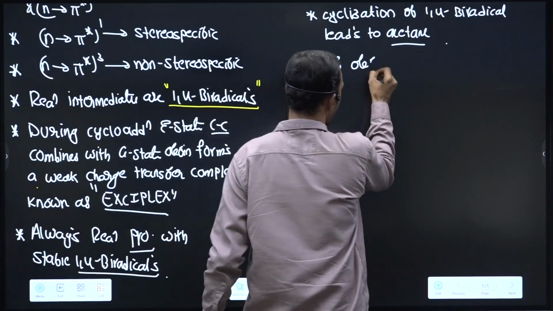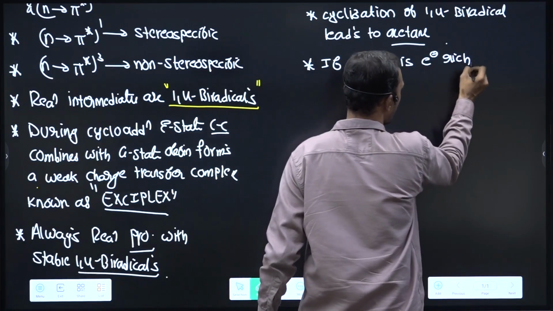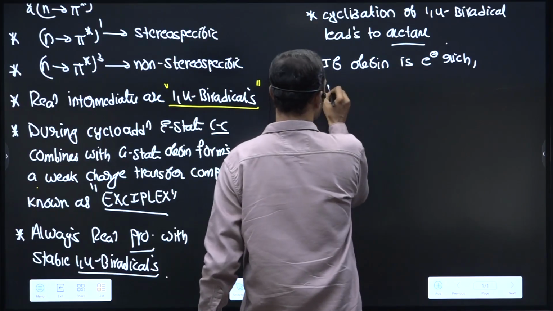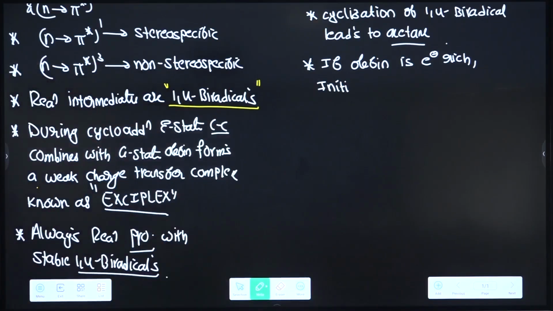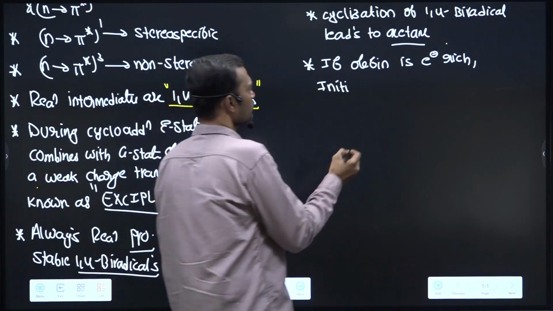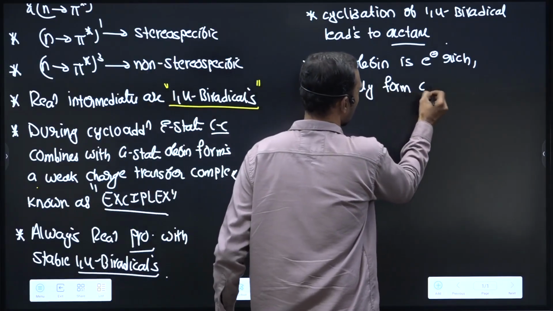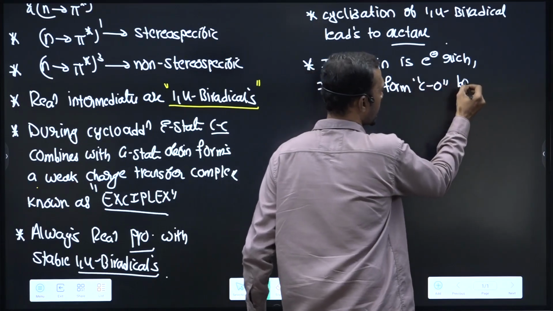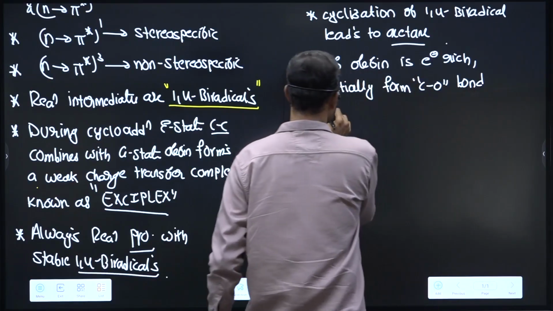See, if the olefin is electron rich, initially the CO bond forms, followed by the CC bond.